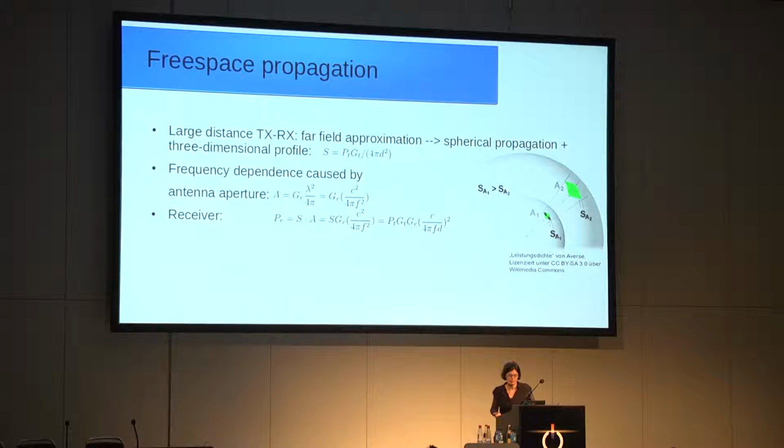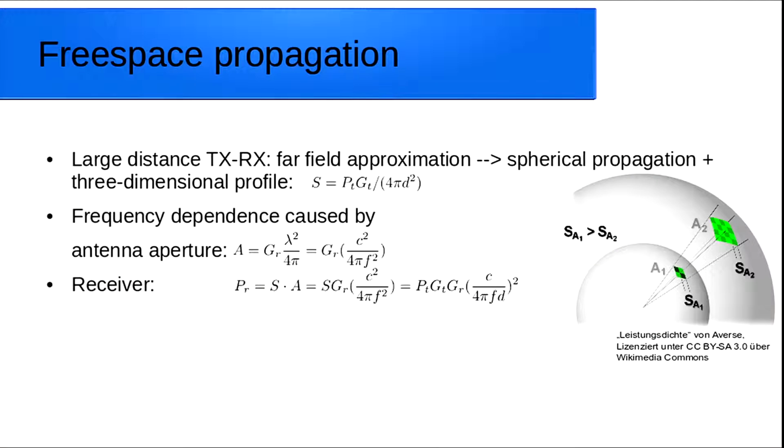We also know that higher frequencies do not reach as far as lower frequencies. This is caused by the antenna aperture, the A, which equals the antenna pattern GR times λ², our wavelength squared, divided by 4π.